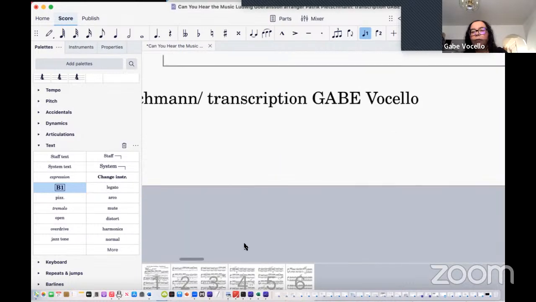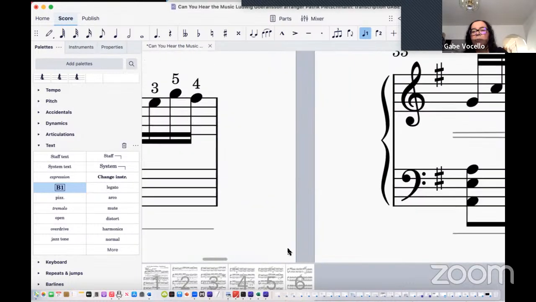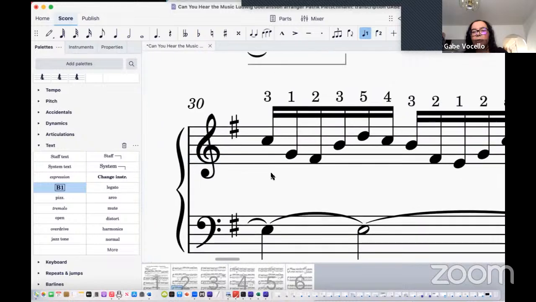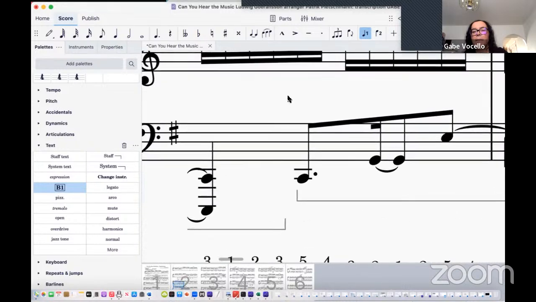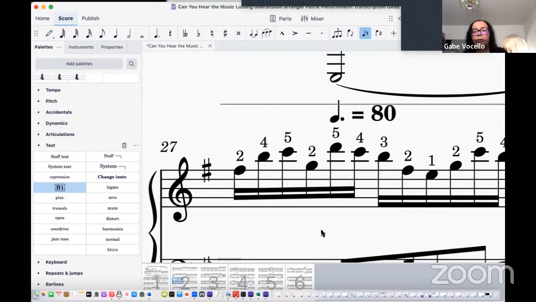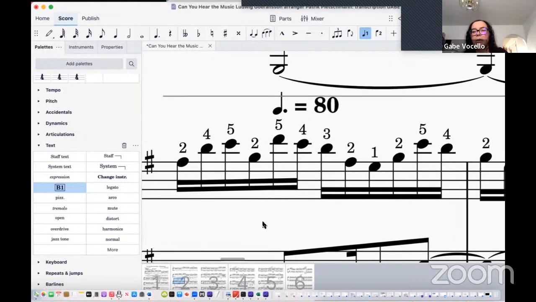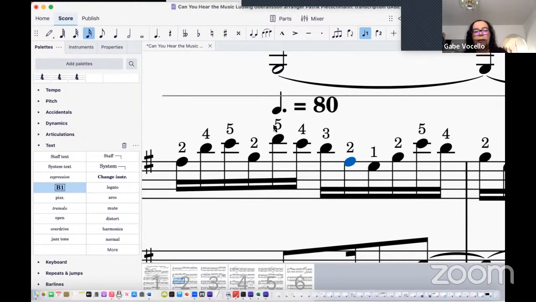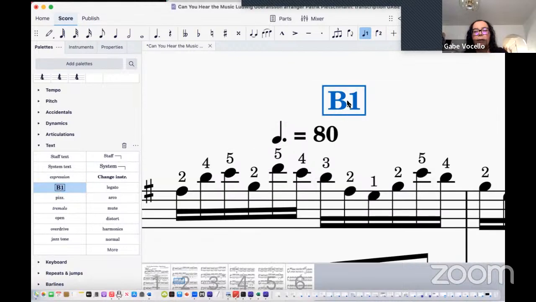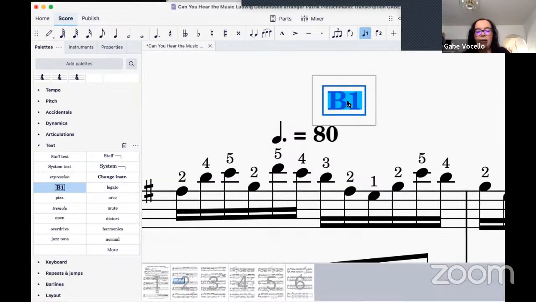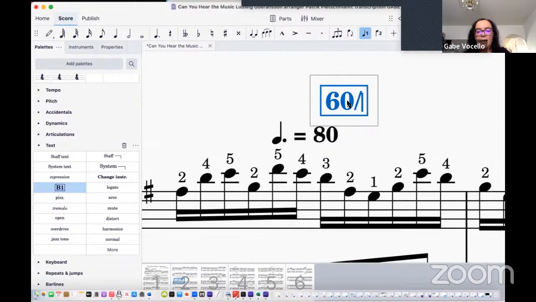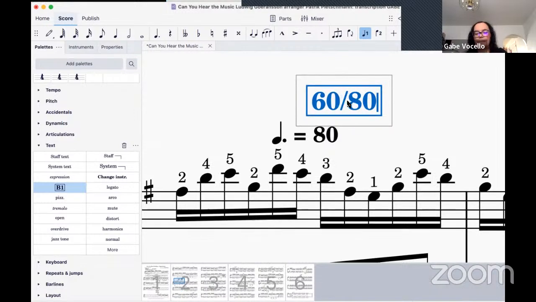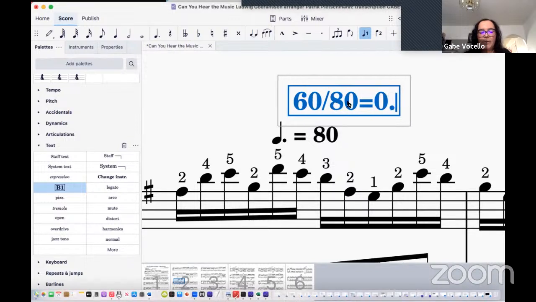Why am I doing this? Because this music has many different tempos. Here on measure 27, the BPM is equal to 80. Let's do the same. 60 divided by 80 is equal to 0.75.